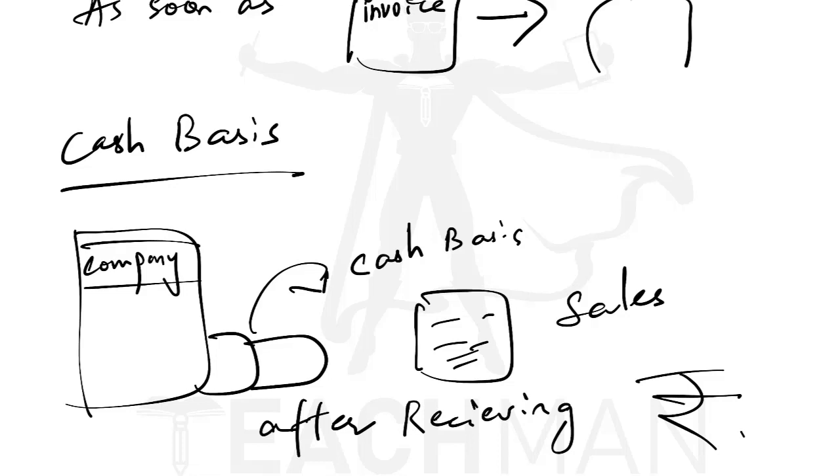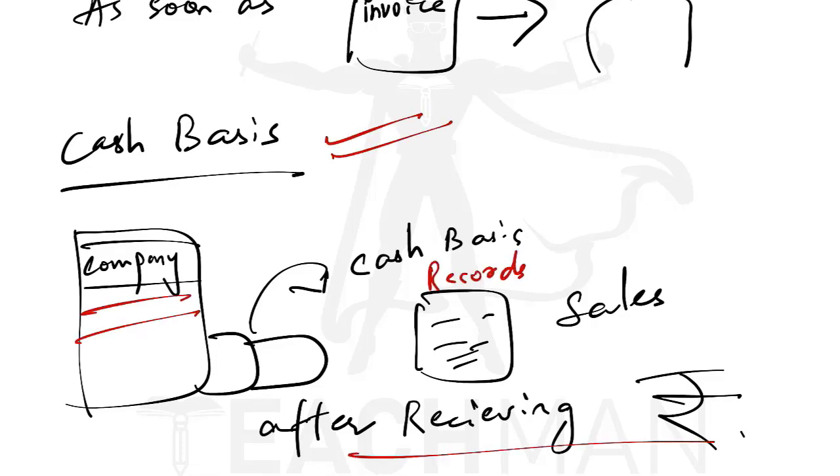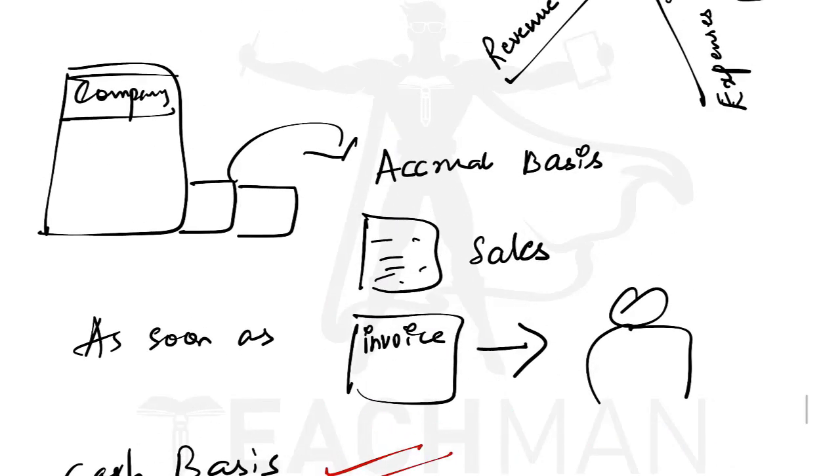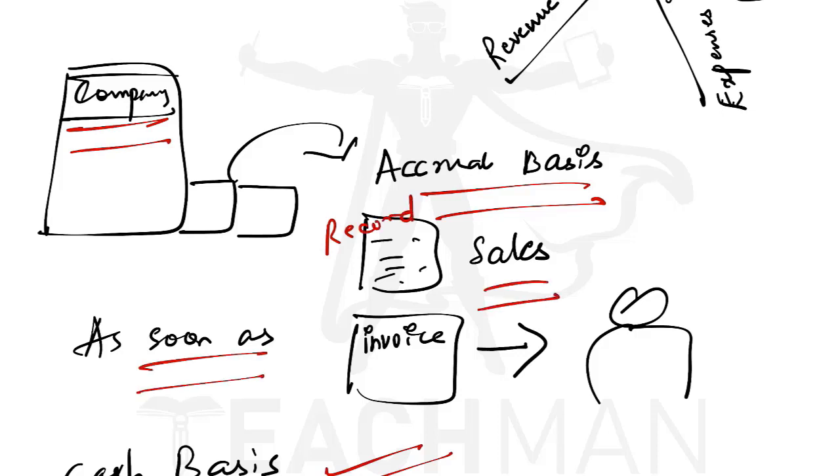Okay, so in cash basis, the company records after receiving the payment, whereas in accrual basis, the company records sales as soon as it issues invoice to the customer.